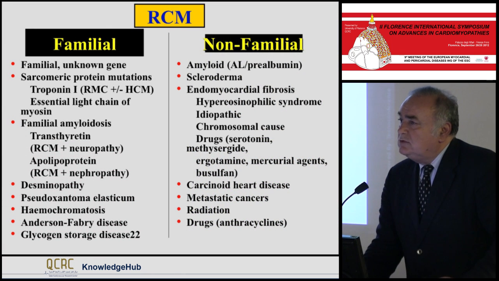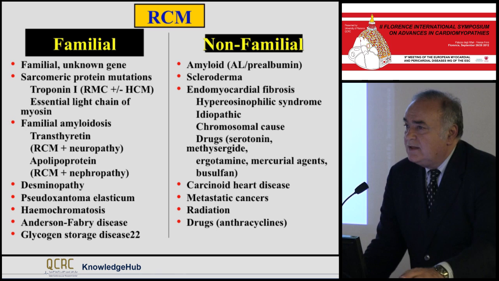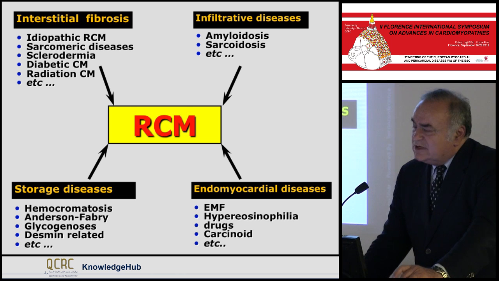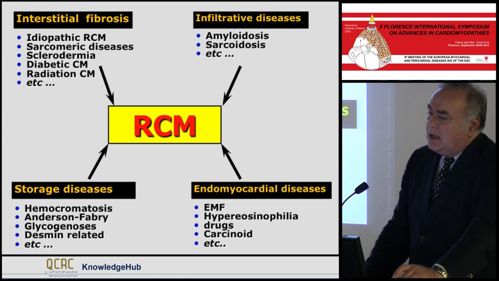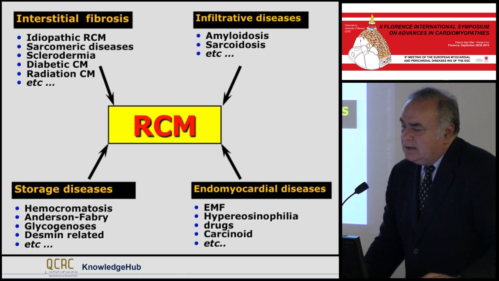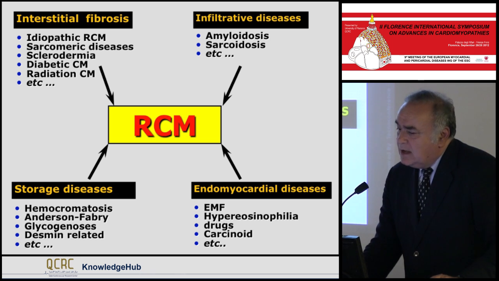Indeed, as we wrote, the list of diseases causing restrictive cardiomyopathy is a huge list, including familial and non-familial entities. Probably it is more convenient to subclassify the causes according to the plausible myocardial substrate: interstitial fibrosis, infiltration, storage, or endomyocardial disease.